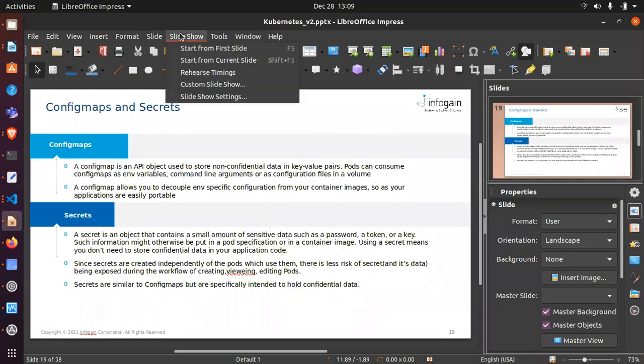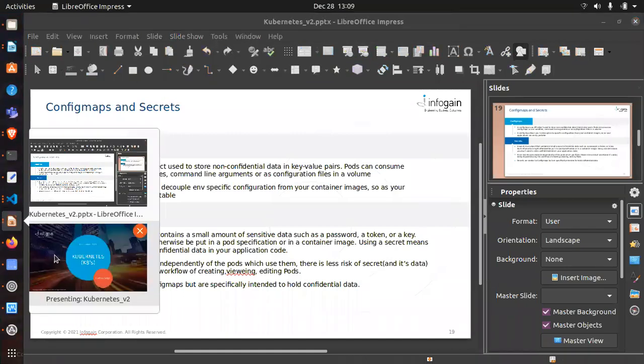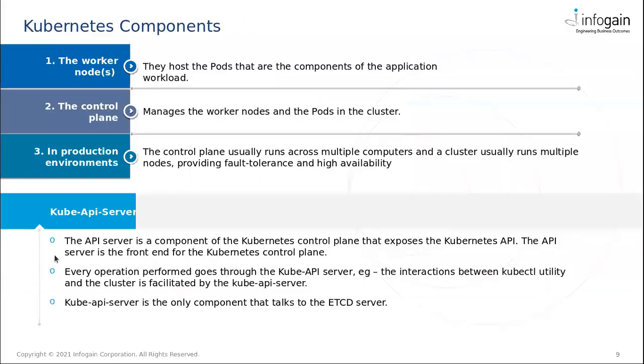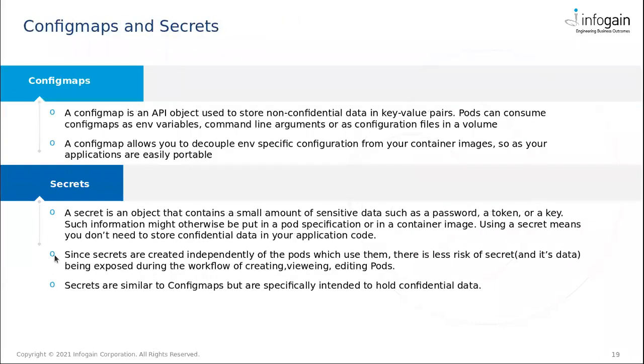So let me say, okay, sorry. We can quickly read it out. A config map is an API object used to store non-confidential data in key value pairs. Pods can consume config maps as environment variables, command-line arguments, or configuration files in a volume. You can ignore the config files in a volume part.